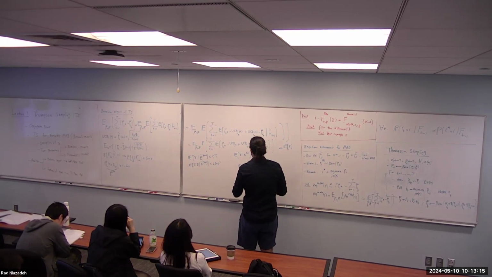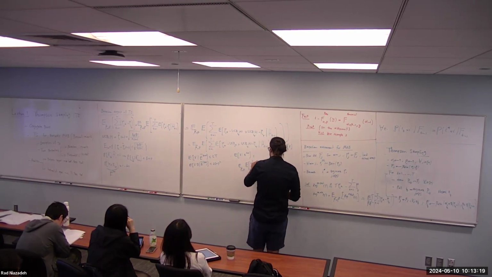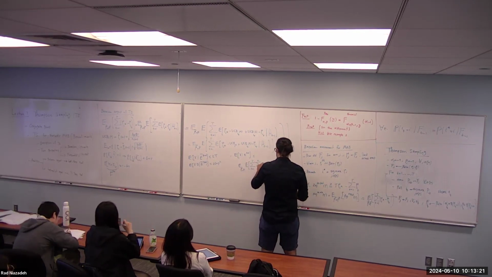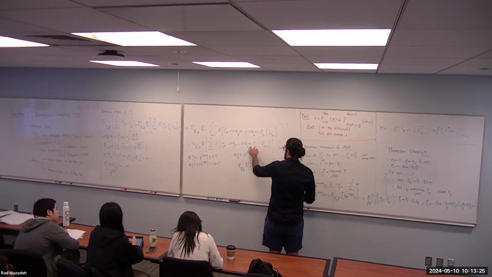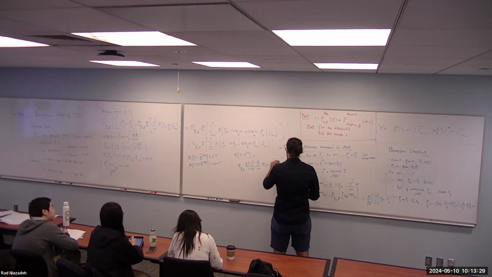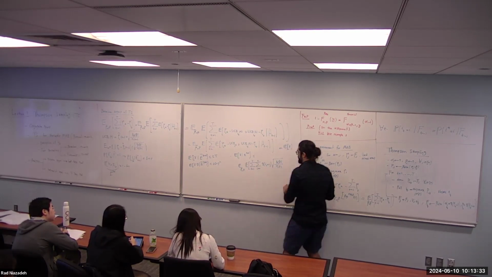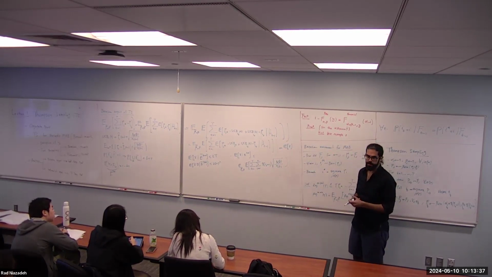Let me write it down. So it's going to be summation i from 1 to n, indicator that i_t is equal to i. And if i_t is equal to i, this one is going to be upper bounded by square root of log 2 over delta divided by N_{i_t}. Does that make sense?